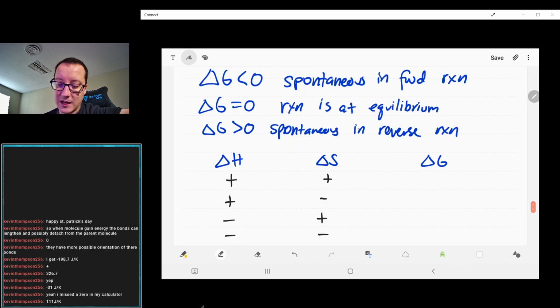So if we have delta H being positive, that means endothermic, and we have a positive entropy, we see that this is one that is going to be favored by high temperature, right? Because we want delta G to be negative, so we want that S term to be bigger. So we're going to see that high temperature would mean this is spontaneous in the forward direction.